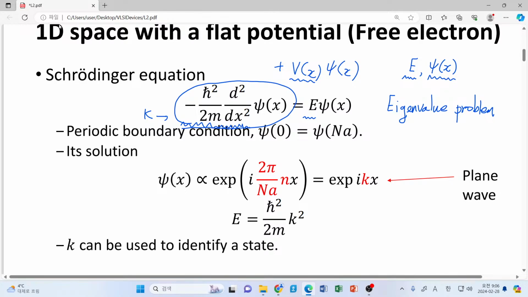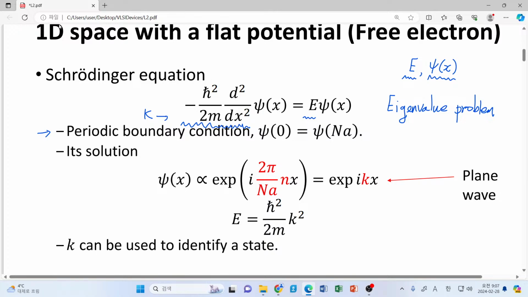However, in this free electron case, we assume that there is no potential variation along the x-axis, so we can easily say that the potential energy here can be regarded as just 0. That's the reason why we have only the kinetic energy term.